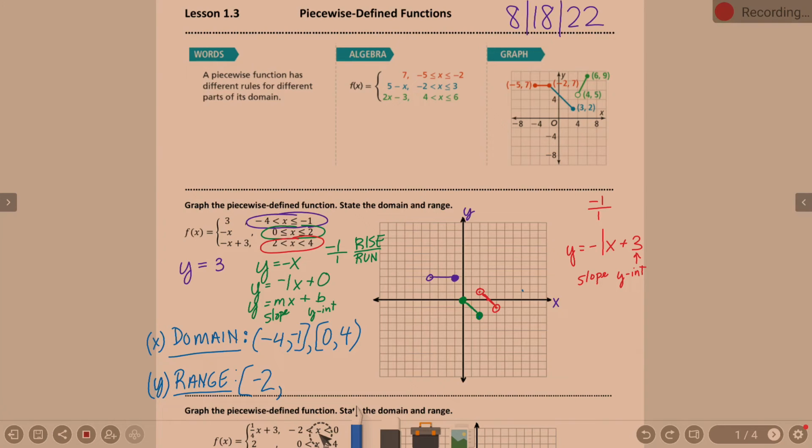It goes till +1. So we're going to say -2 till +1. Then there is a gap before my purple graph starts, isn't there? Does +1 use parentheses or brackets? Parentheses.